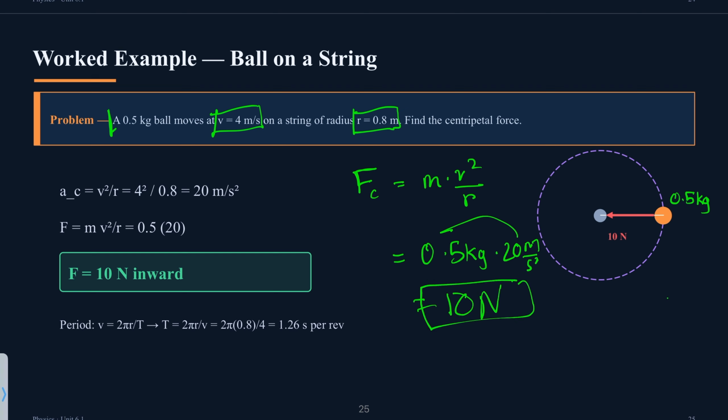And centripetal force is always inward, right? Towards your center. That's what's keeping you in orbit. Otherwise, you'd be floating away. And remember, if I release this ball, it would go in a perpendicular direction, not like that. It wouldn't have any circular motion, just a straight direction, because the velocity is tangential.